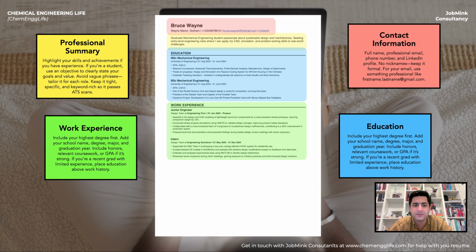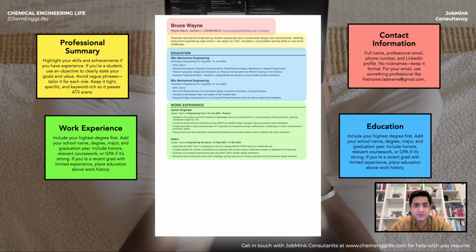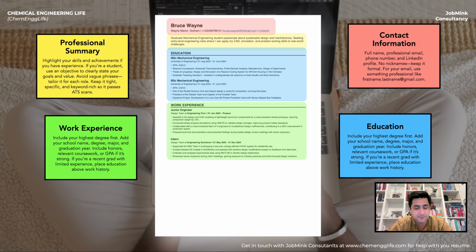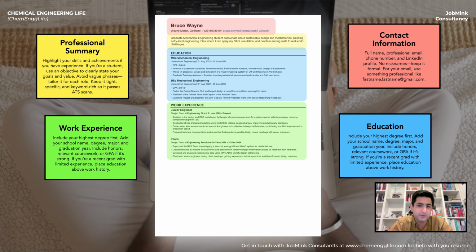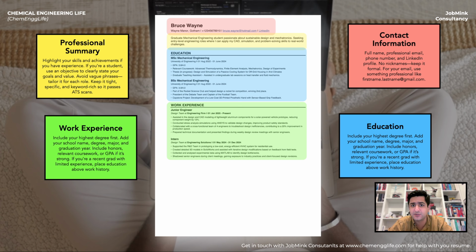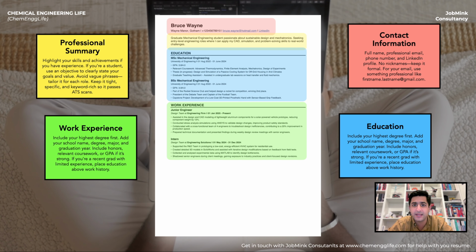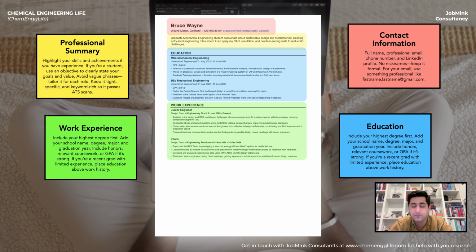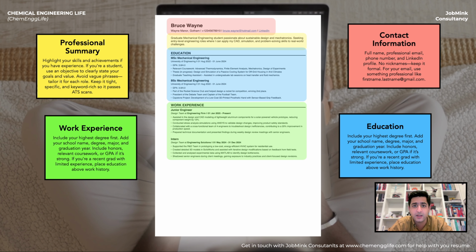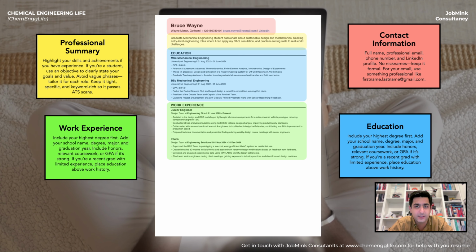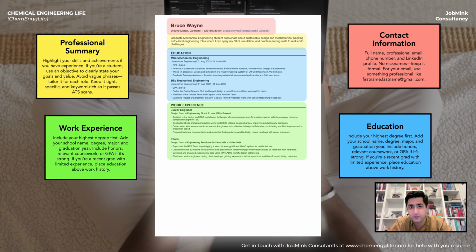Now that is where things get a bit tricky, because this is the heart of your resume, and you have to be able to prove to the employer that your previous jobs have given you the necessary experience and the skill set to be able to perform the job that you're applying for. Therefore, always make sure that the bullet points that you are writing are directly relevant for the job that you're applying for.